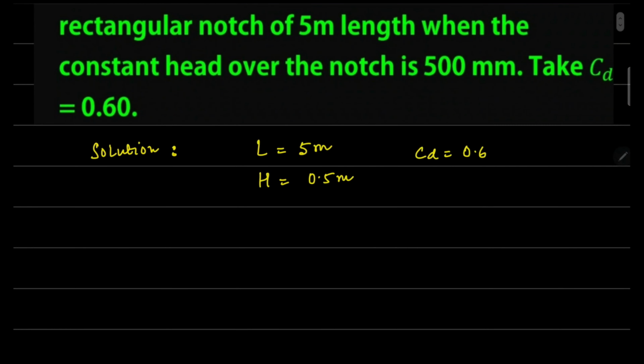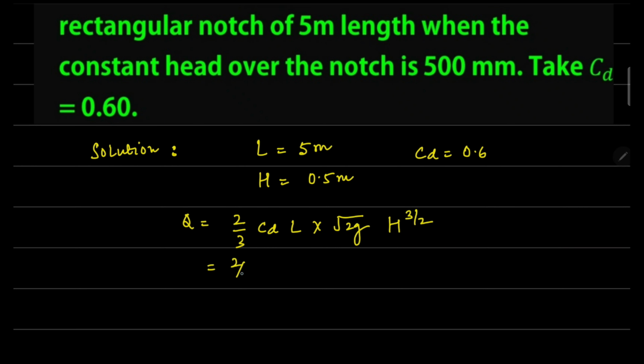So the expression we will use to solve this problem is Q is equal to 2 by 3 CD multiplied by L multiplied by under root 2g, H raised to the power 3 by 2.